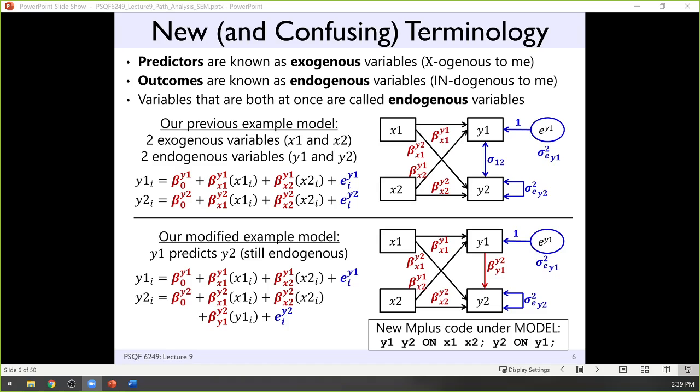Okay, I know recursive and non-recursive is the opposite of what you would think it is. So I believe this is non-recursive. They're used to distinguish models in which arrows go both ways at the same time versus models in which they don't.